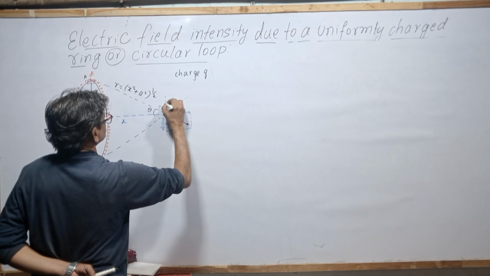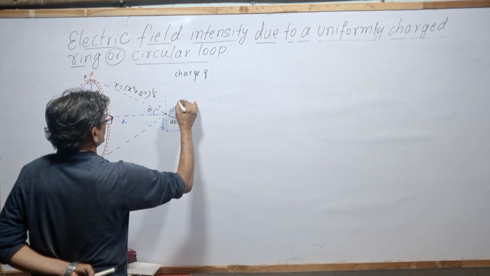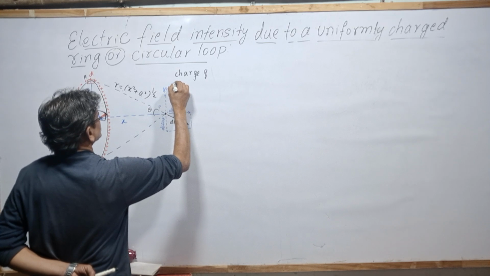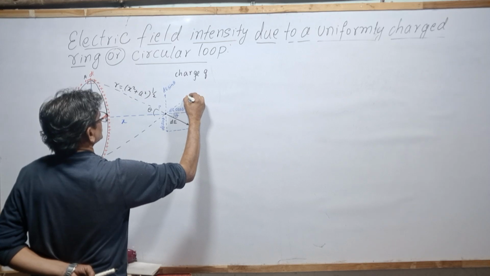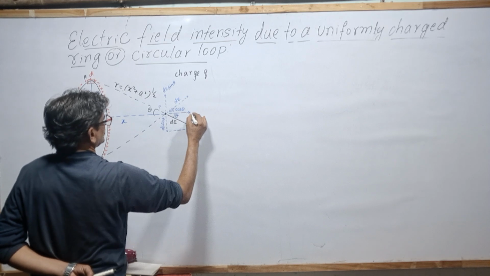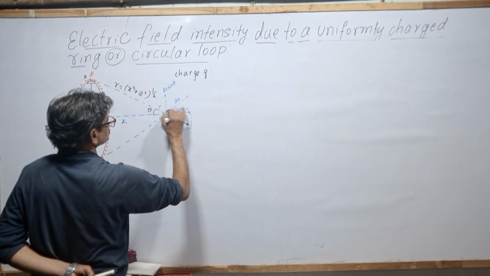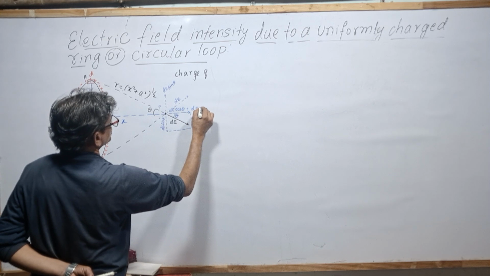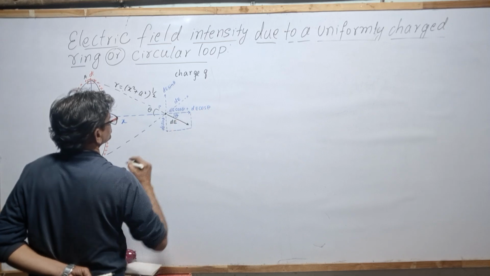Here it is also resolved into two components: this is the vertical component, this one is the resultant dE, and this one is the horizontal component, dE cos theta.